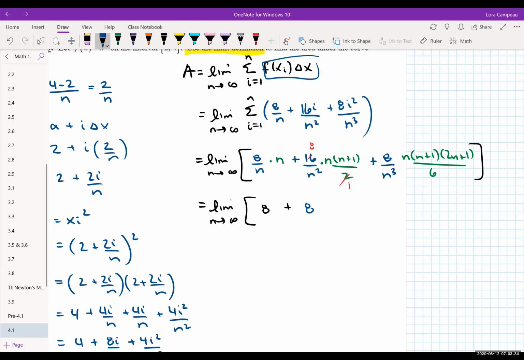And now we have the n's. One of these n's cancels out with one of these n's. So I should have n plus 1 over n.